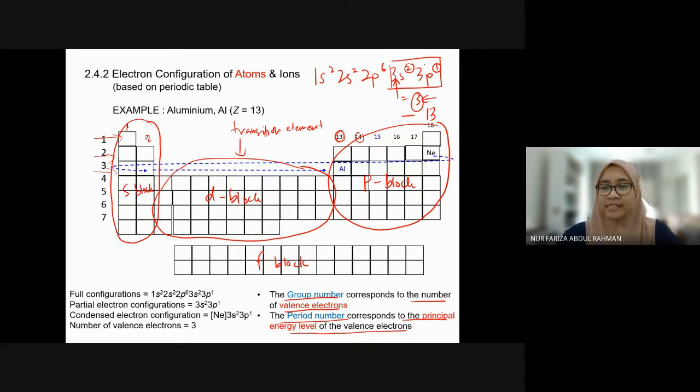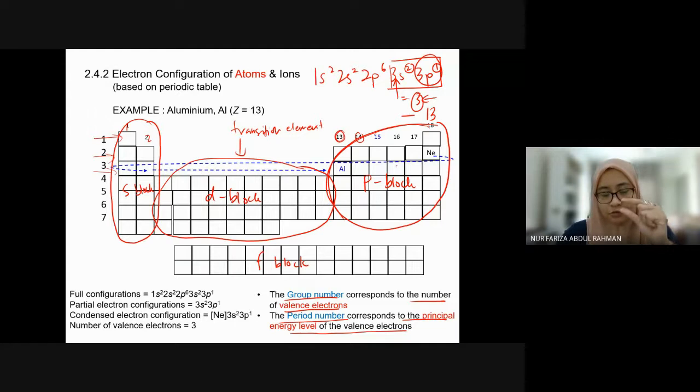In this case, the last sub-level is 3p. It ends with p orbitals. That means aluminium comes from P block. You can only find aluminium in this P block.